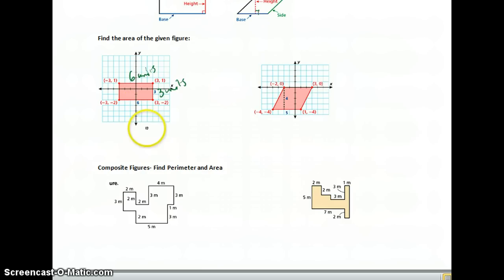We do 6 times 3. So the area is 6 times 3, or 18 units. And we always have to put a square on there. Okay, that tells us we're dealing in square units. That is the area.